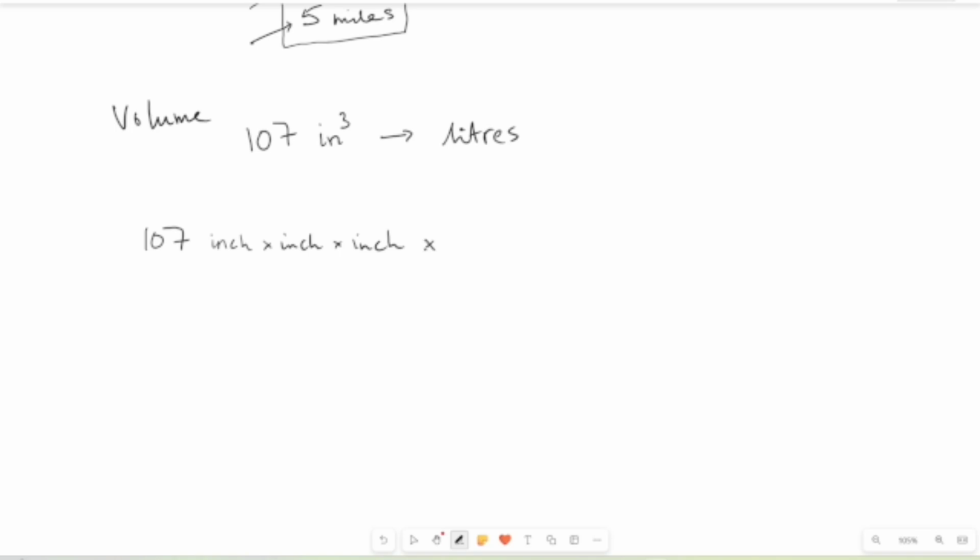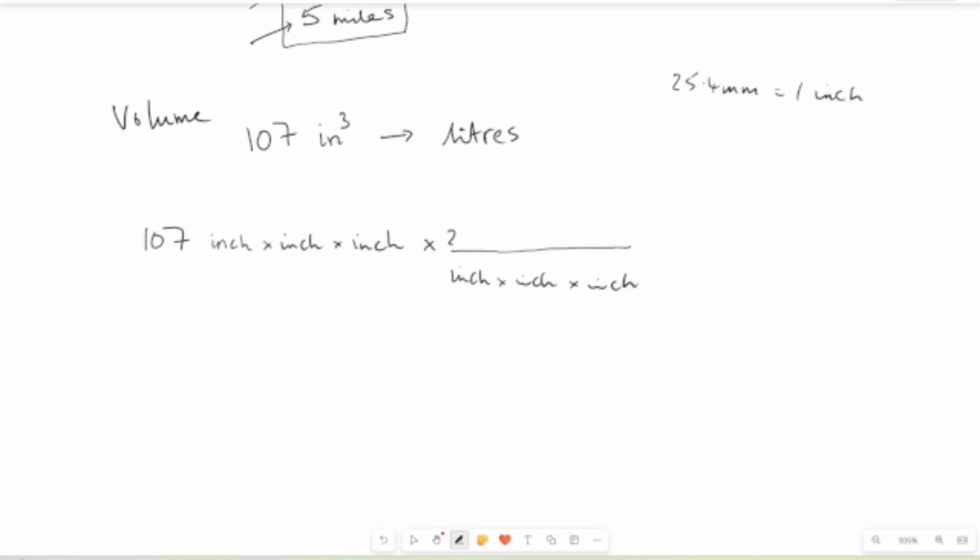Let's multiply that by something that is going to cancel. Inch times inch times inch, and we can use the 25.4 millimeters equals 1 inch relationship for that.